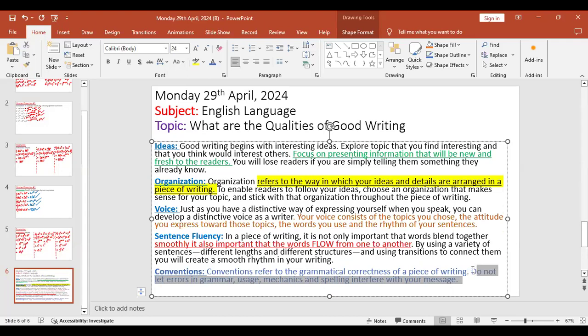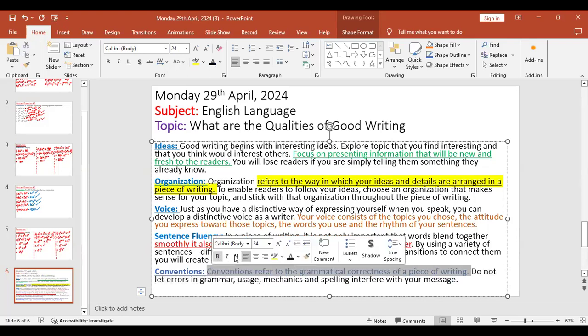So conventions just basically refer to making sure that everything is grammatically right when you're writing. So you make sure that your conventions are on point.